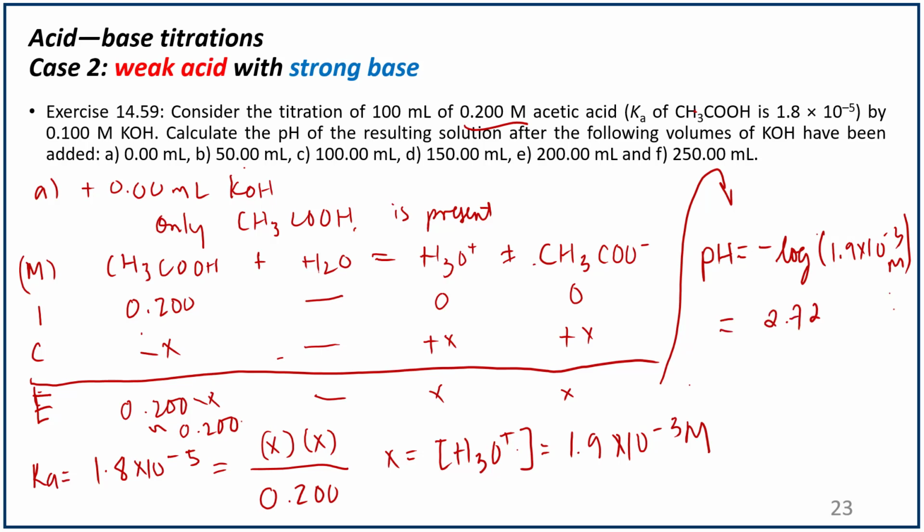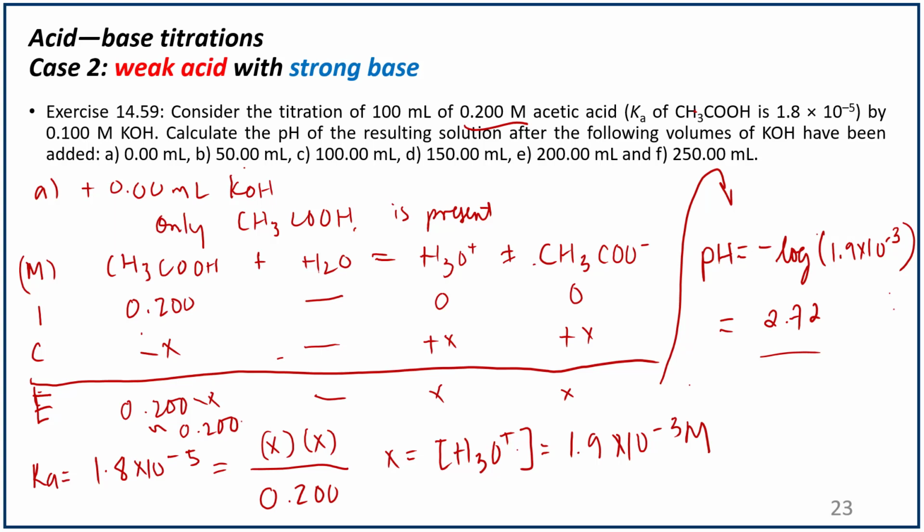I am not going to do the 5% rule here again, but if you want to try that out on your own, you will notice that this assumption is valid. But note how high this pH is compared to a strong acid, strong base pre-titration setup. So here the pH is higher by a decent magnitude.